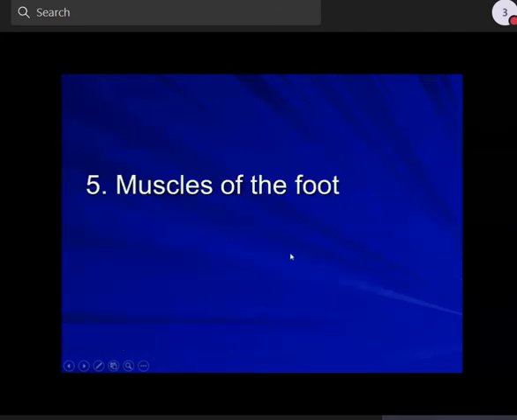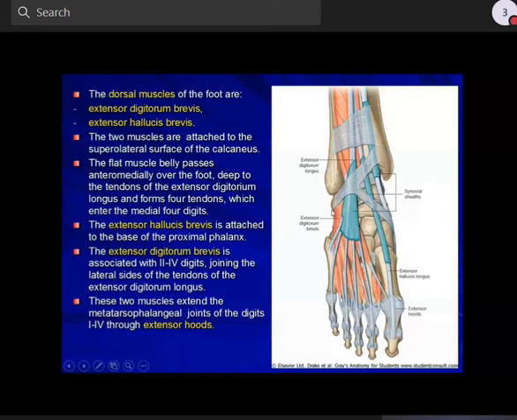In the foot, on the dorsal aspect, we have two short muscles, both starting with and ending in the foot. The medial is extensor hallucis brevis, and the lateral extensor digitorum brevis.